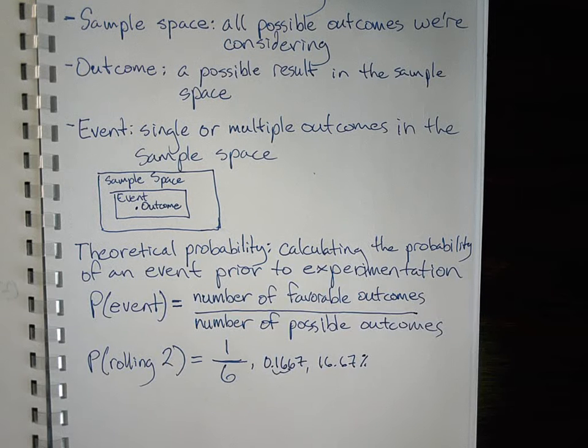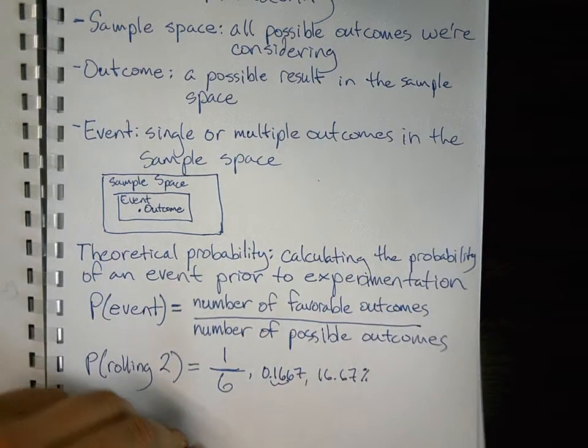Right. Now, notice that our probability, 1 over 6, is less than 1. Your probability is always going to be between 0 and 1, including 0 and 1. So if the probability is 0, it means that there's a 0% chance of something happening.